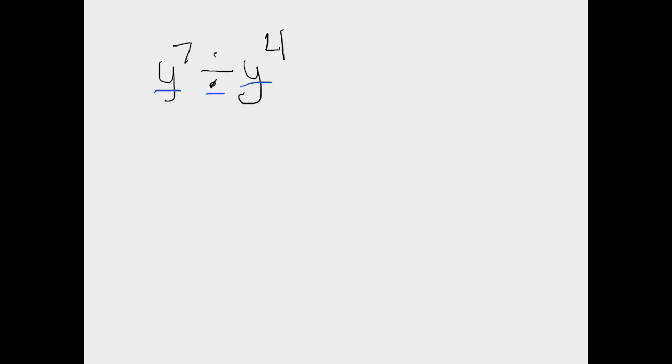So I see that I can use my quotient of powers property. So just like before, I can take this and I can have Y raised to 7 minus 4, so I can subtract my exponents. And 7 minus 4 gives me 3, so I have Y to the 3rd.